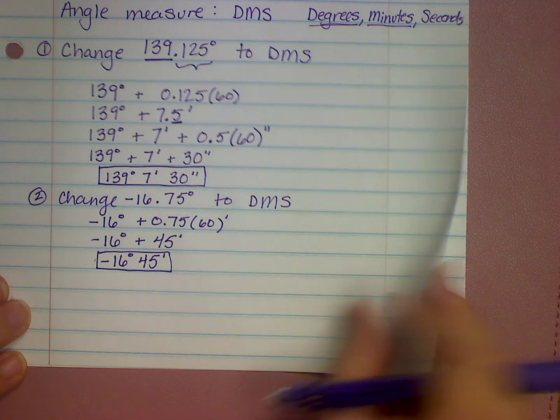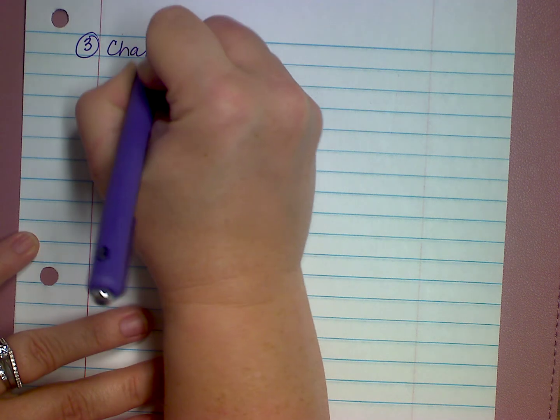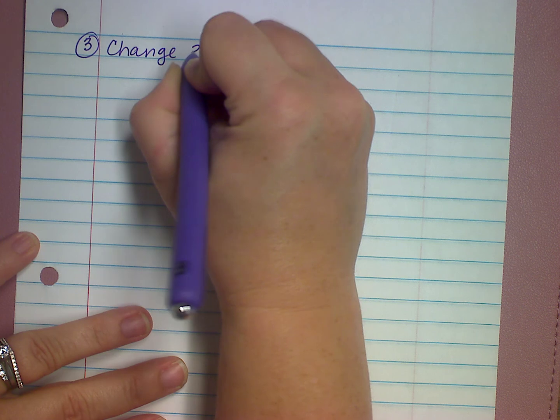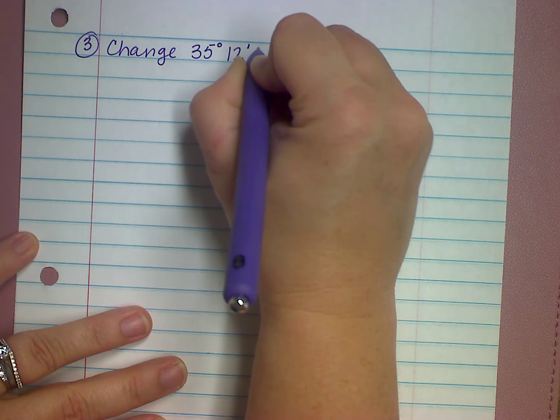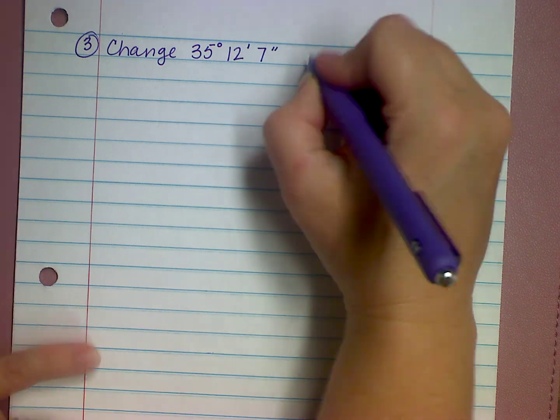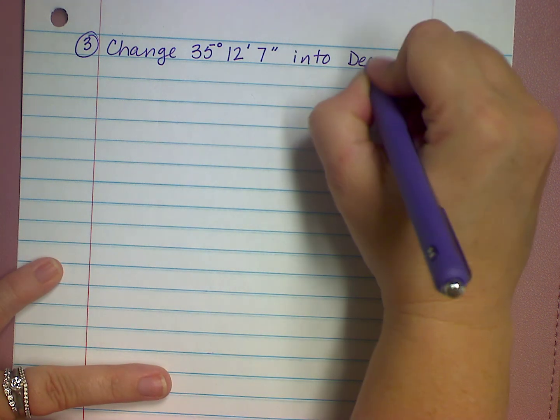Okay. Let's go backwards now. What if I gave you the degrees, minutes, seconds, and I wanted just the plain old degrees? Okay, so I'm going to call this example 3. Change 35 degrees, 12 minutes, 7 seconds into, they call it decimal degrees.